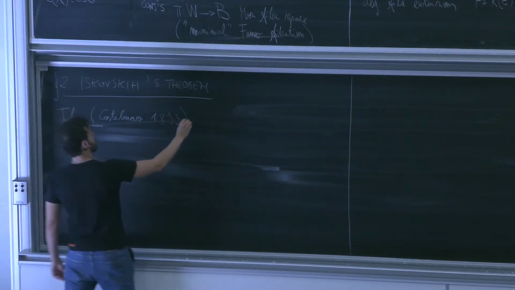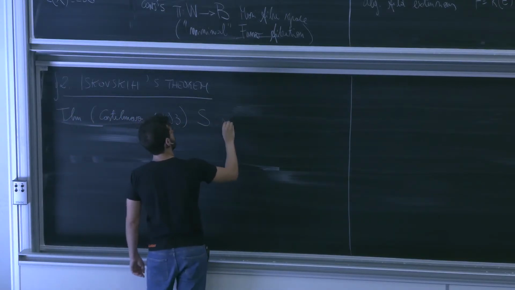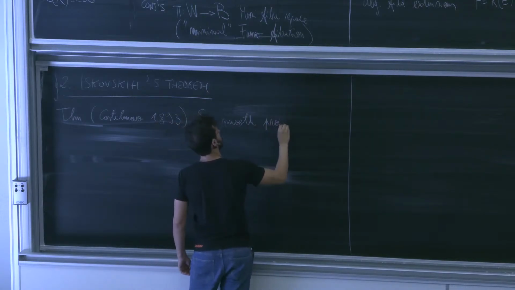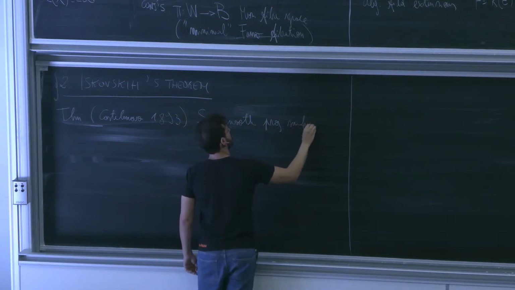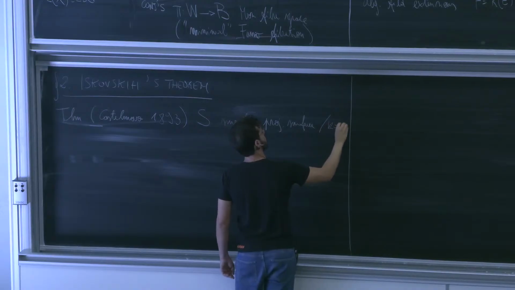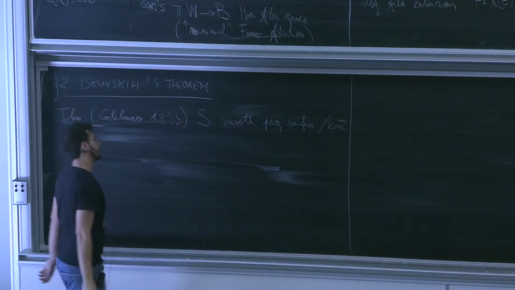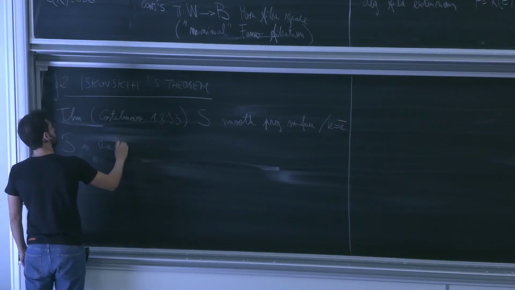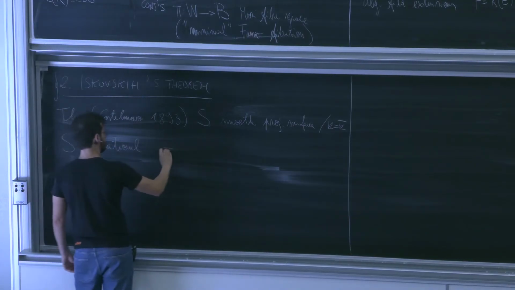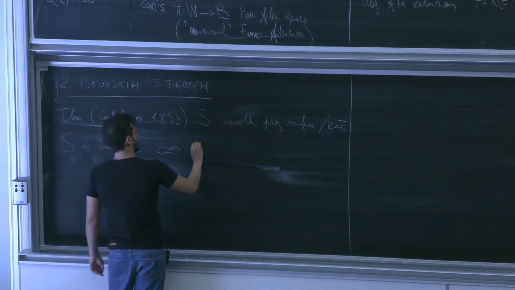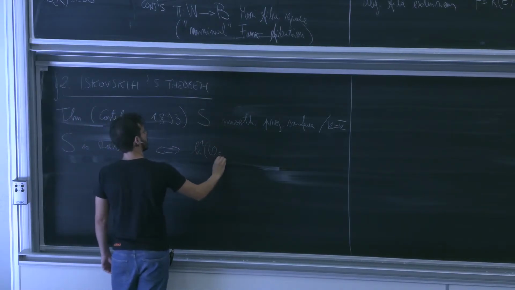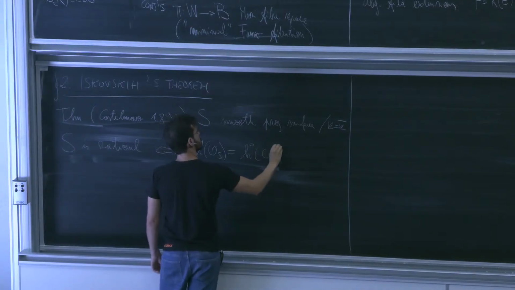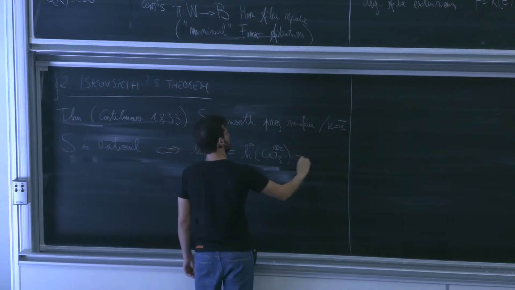You take S to be a smooth projective surface over K algebraically closed. Then S is rational if and only if the regularity is zero and H naught of omega S to the 2 is zero.